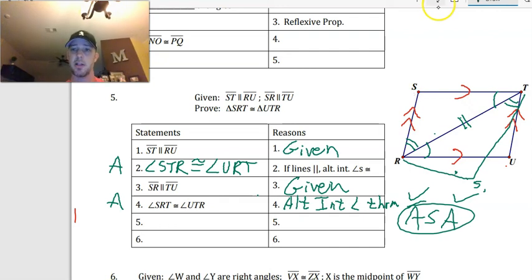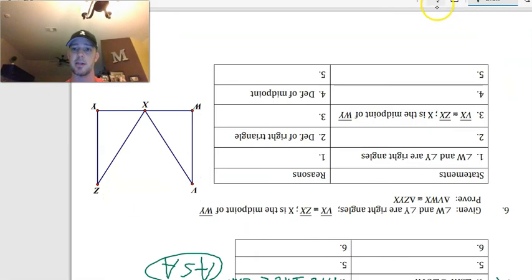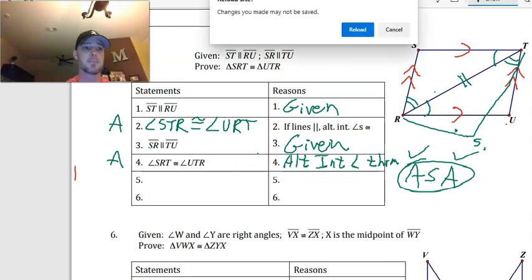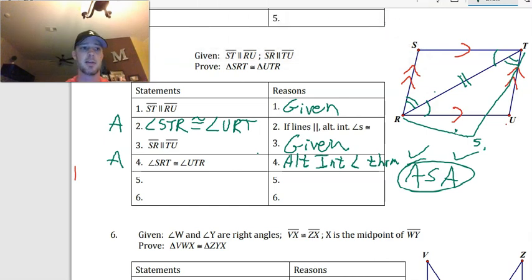So let me get rid of the lines that I drew there. When you rotate this around, T is actually going to rotate onto R, and R is going to rotate onto T. And notice out of these two angles right here, you can tell by the angle markers, the angle with one arc mark on the top triangle corresponds to the angle with one arc mark on the bottom triangle.